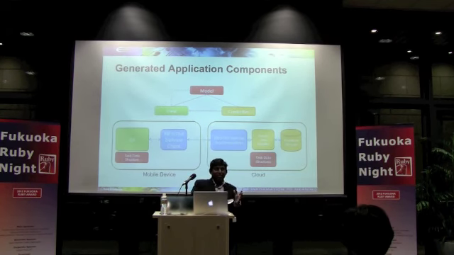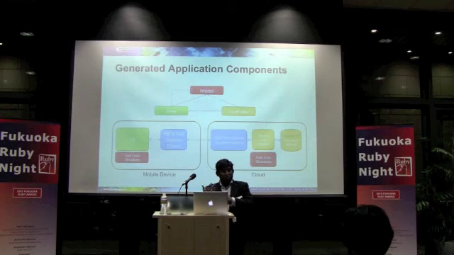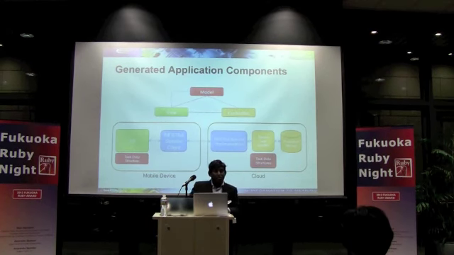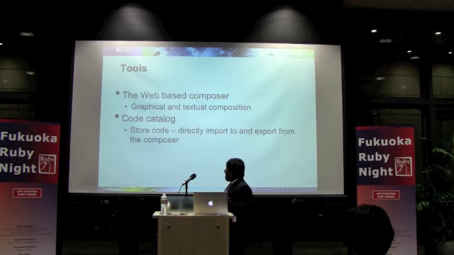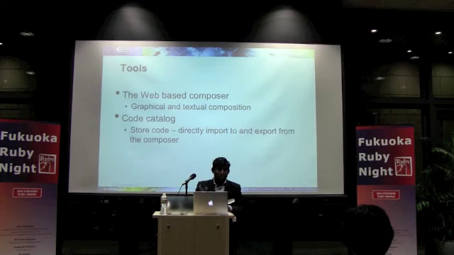So it will generate the right code and the service interface, and on the client side, it will generate the service client and the UI and all the necessary data structures. The tool we have is a really nice graphical composer. You can drag and drop things, and of course you can import code that's been done there and just run it.